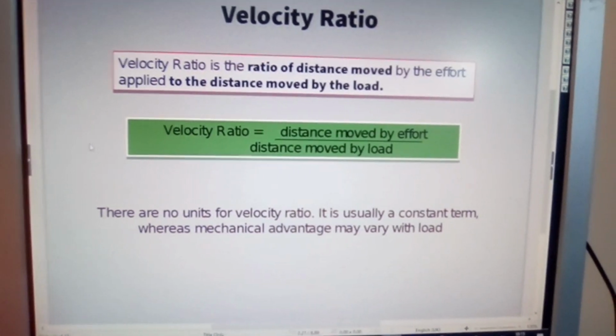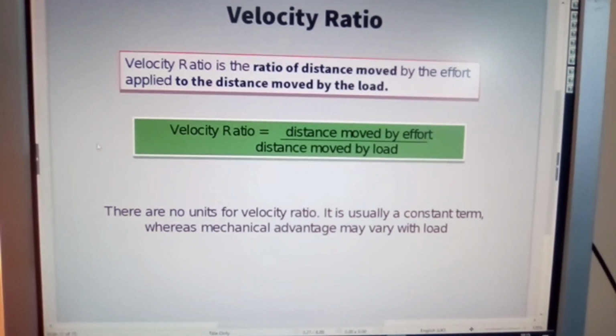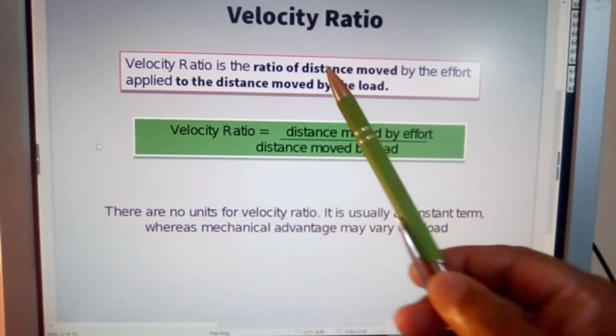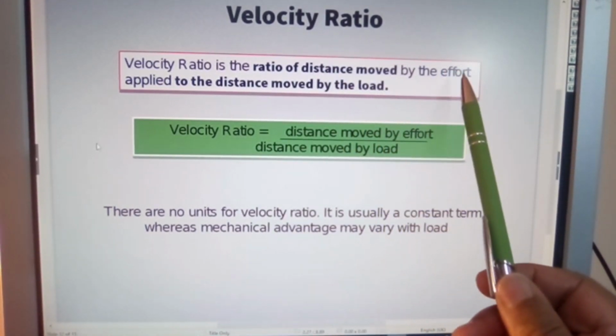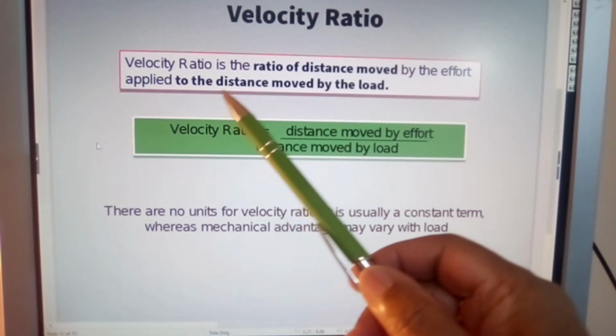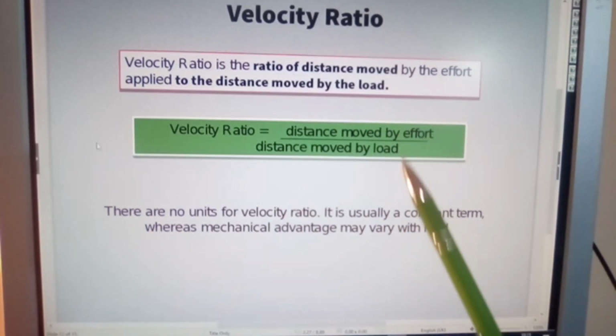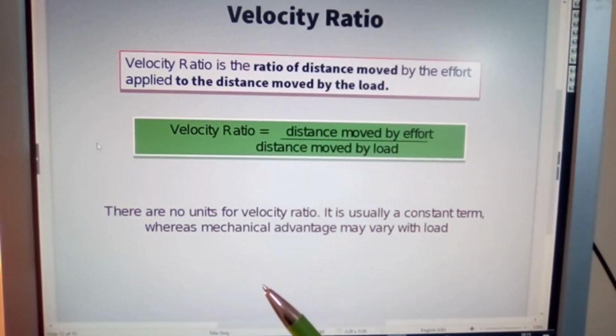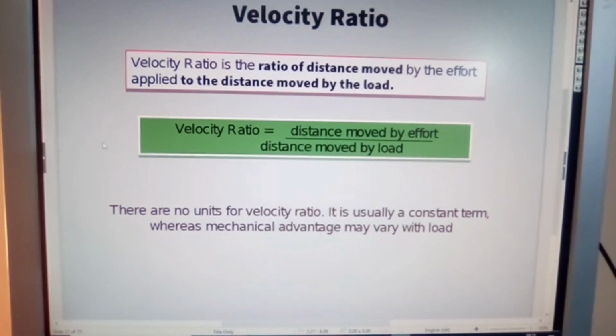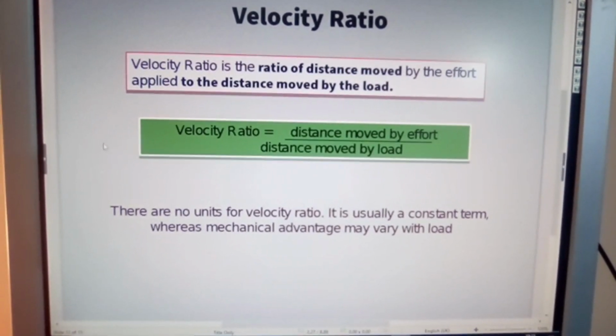Now, what is velocity ratio? Velocity ratio is the ratio of distance moved by the effort applied to the distance moved by the load. In short, it is the distance I've moved the load from one stationary point to another.